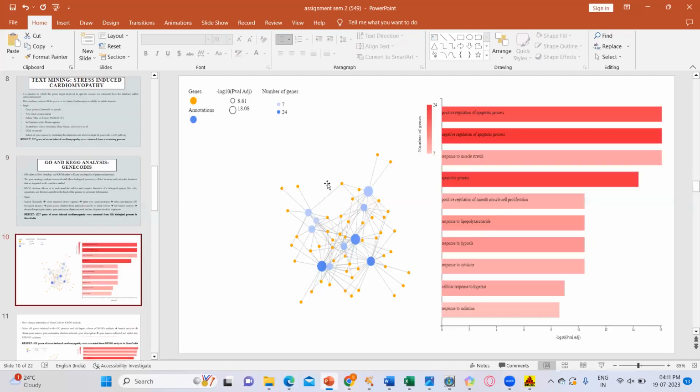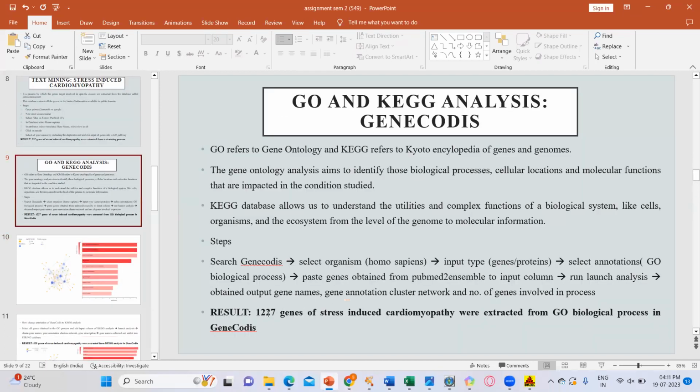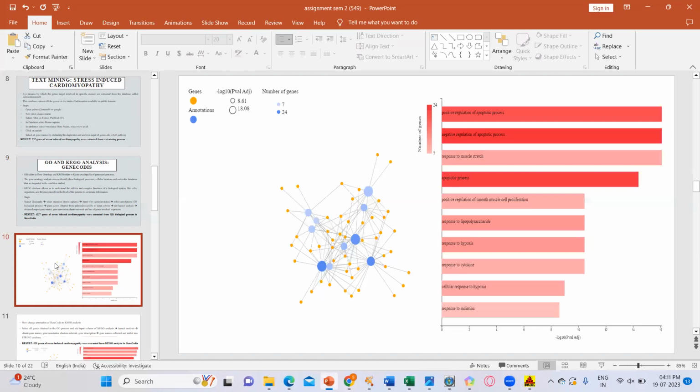Now, after that, in the GO process, I have got 1227 genes of stress-induced cardiomyopathy extracted from the GO biological process in GeneCodis.